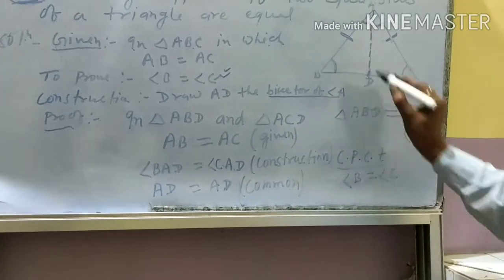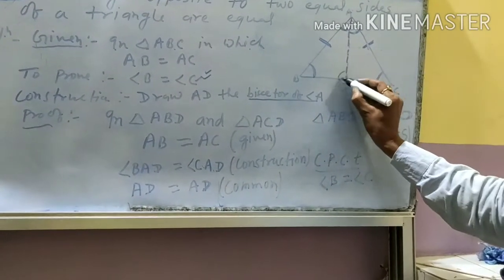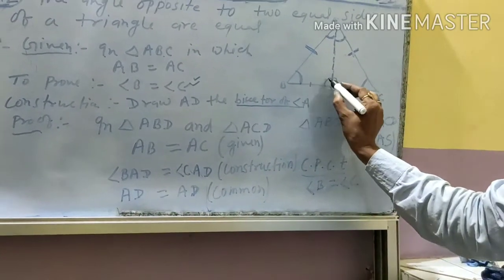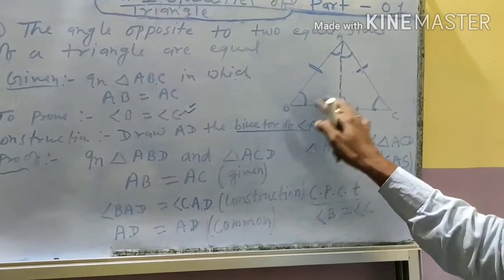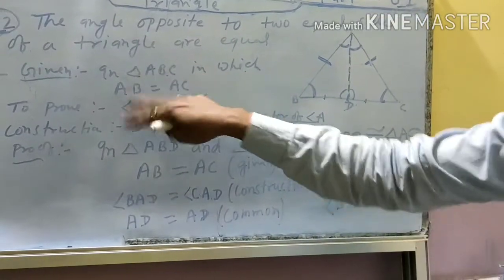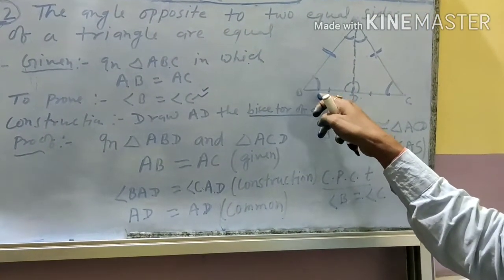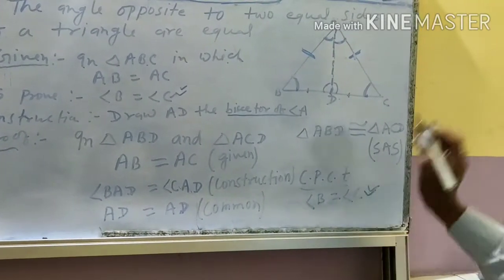This angle is also equal to this angle, and this side is equal to this side. But this angle and this side are not necessary, so we don't use them. Only use whatever the question gives. According to the proof, we take only angle B is equal to angle C. So this is your proof.